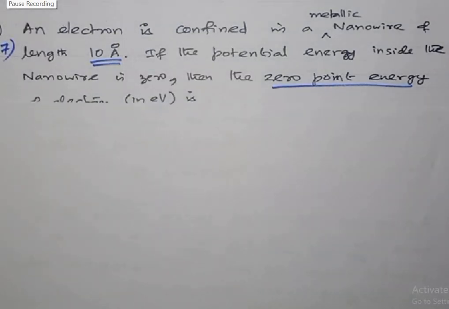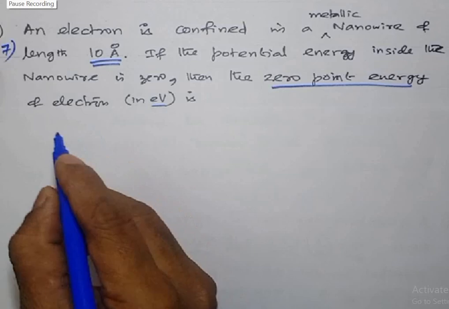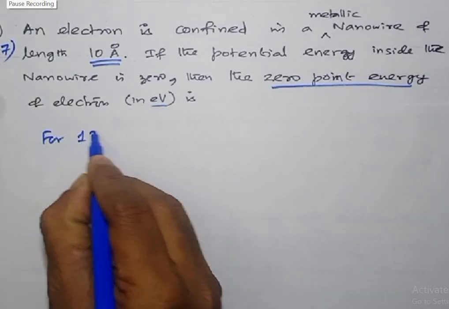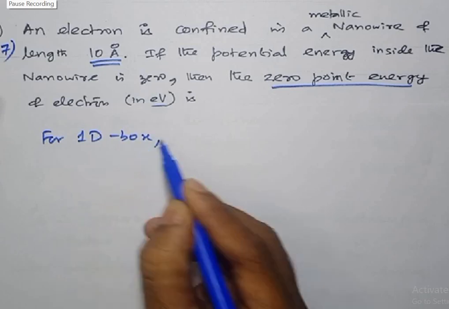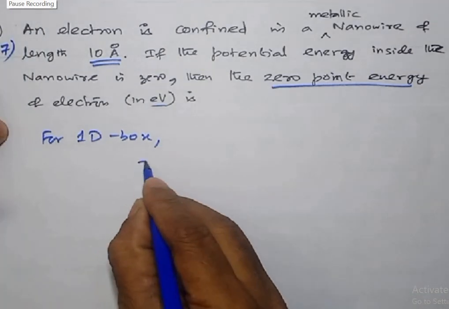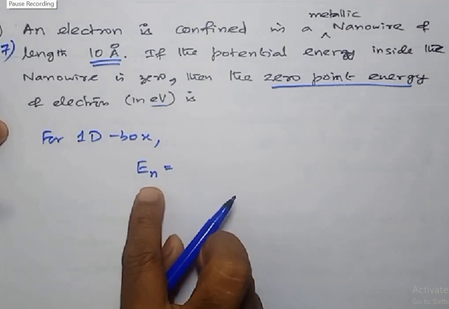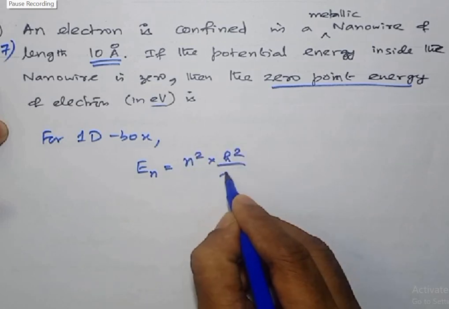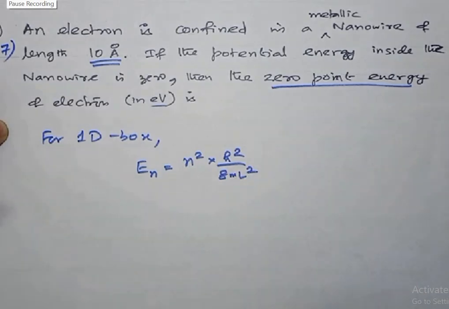You know very well, for a one-dimensional box, the energy formula: energy depends on the quantum number n, which is equal to n square times h square by 8ml square.